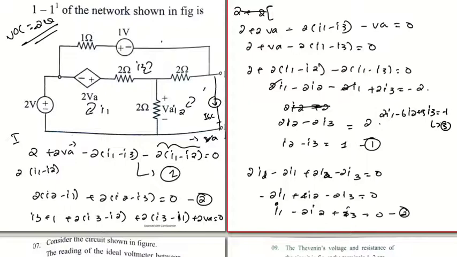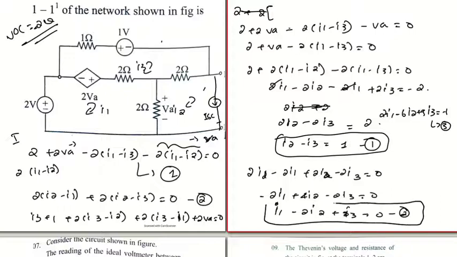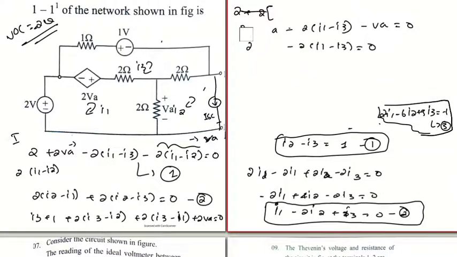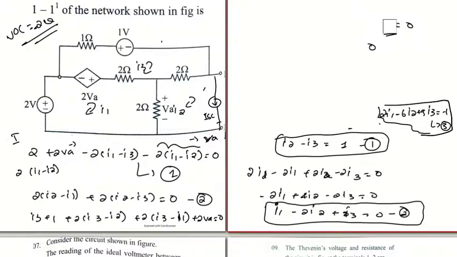So this is our third equation. So we got three equations: I2 minus I3 is equal to 1, and I1 minus 2I2 plus I3 equal to 0, and 2I1 minus 6I2 plus 5I3 equal to minus 1. So we can write the matrix equation over here, keeping these equations in mind.